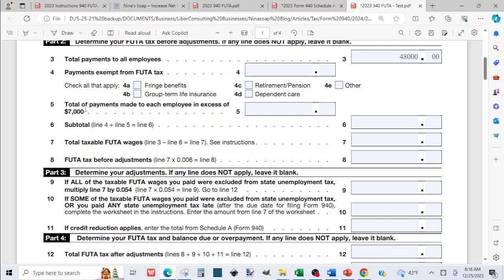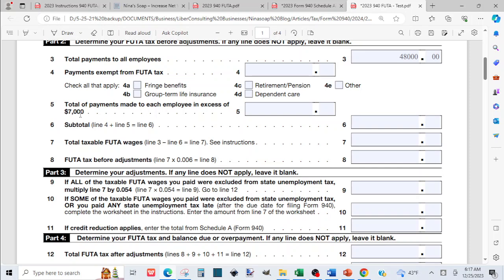Line 5, total payment made to each employee in excess of 7,000. For FUTA, the federal unemployment tax, you pay tax on the first 7,000 that you pay each employee in your business during the year.